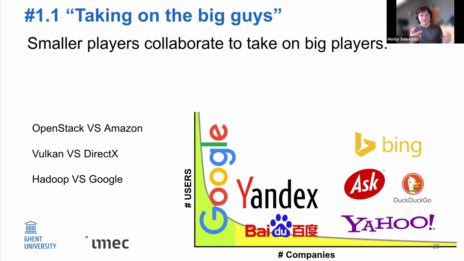All Android phones can run games. All the other competitors to Microsoft Windows and the DirectX offering for running games, they all use a single open source API, which is called Vulkan. Because in order to be able to compete against Microsoft, they need to band together.